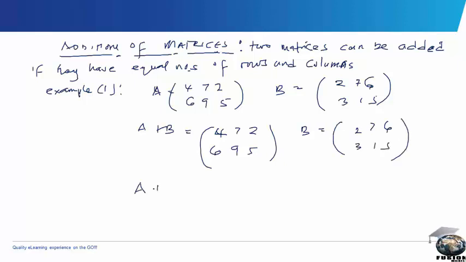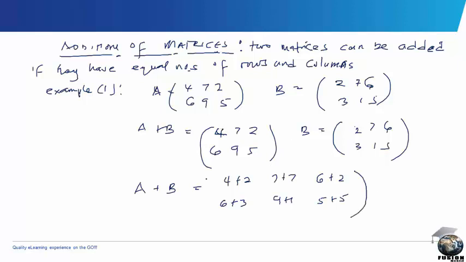A plus B will be equal to 4 plus 2, 7 plus 7, 6 plus 2, 6 plus 3, 9 plus 1, and 5 plus 5. These are done by each element mapping onto the other, adding together.